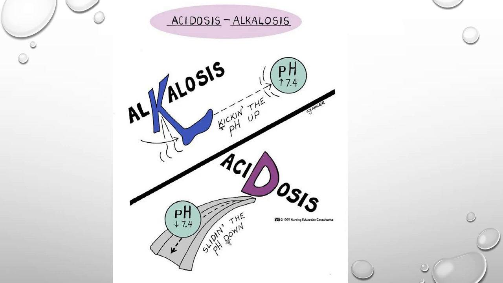Try to remember that if there is an issue with the carbon dioxide level in the blood, the source of the problem is in the lungs. Everything else is a metabolic disorder, resulting from a change in the bicarbonate level. When the lungs are having an issue, the kidneys will begin to compensate and vice versa. And life is good.